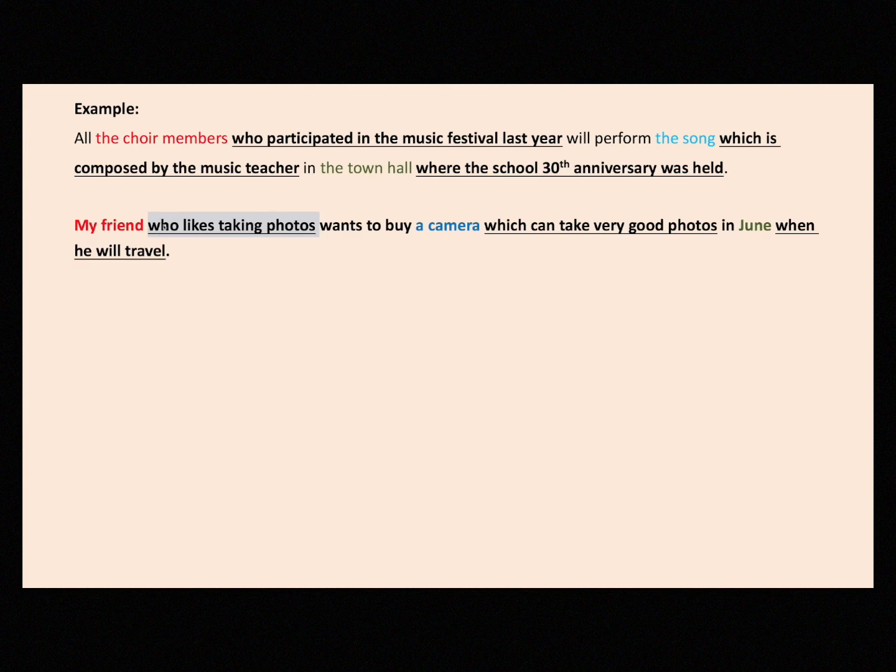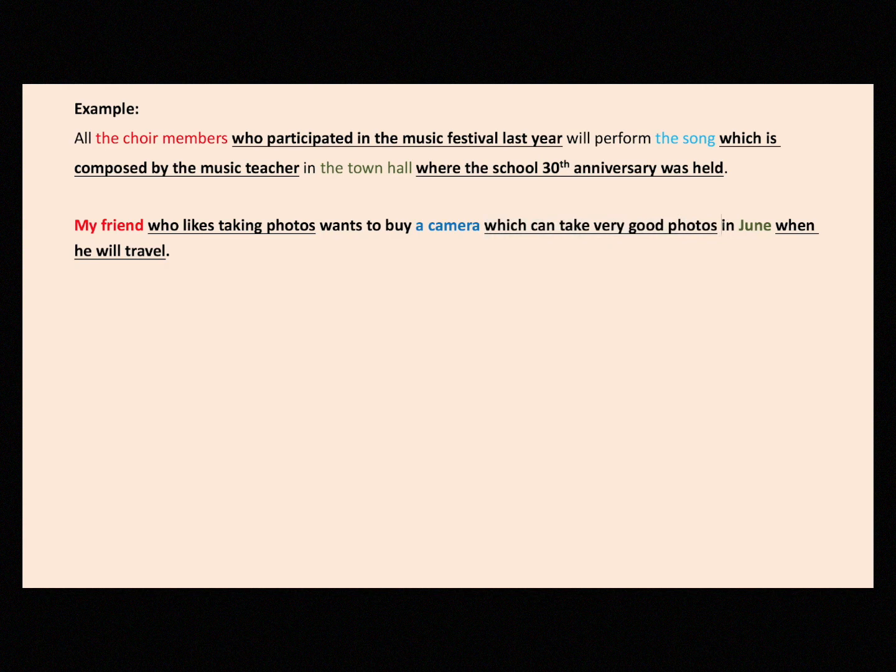My friend is a person, that's why I use who to talk about him. My friend who likes taking photos wants to buy a camera. A camera is an object. Wants to buy a camera which can take very good photos. Because the camera is a thing, we use which to talk about the camera.